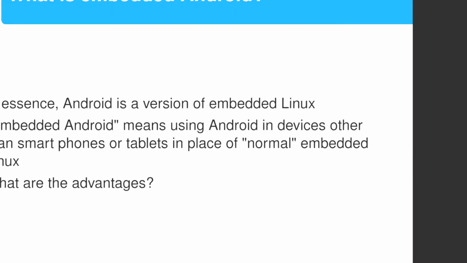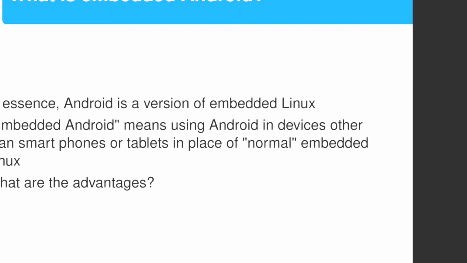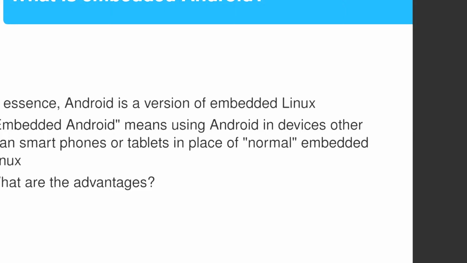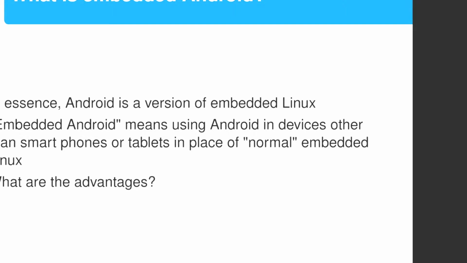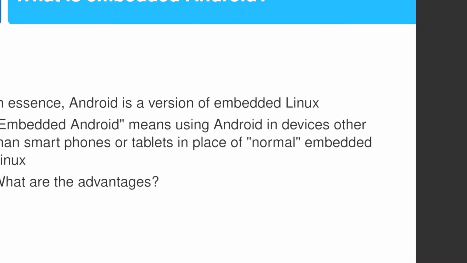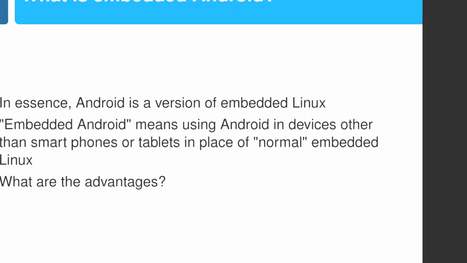When we're talking about embedded Android in this context, we're really talking about using Android in places where, in the past, we would use regular embedded Linux. So embedded Android is Android being used outside of the smartphone and tablet area and used in a range of devices, which could be weighing scales, could be cameras, could be point of entry systems, could be a whole load of things.